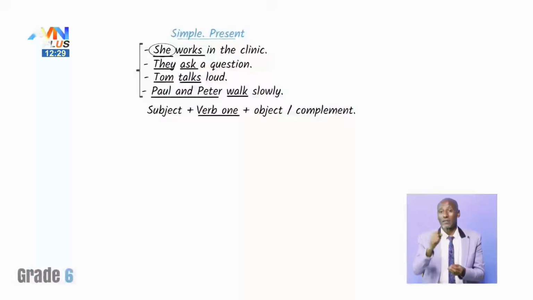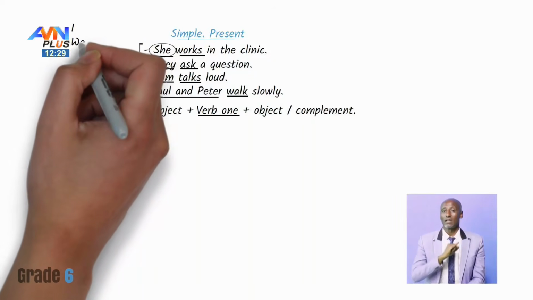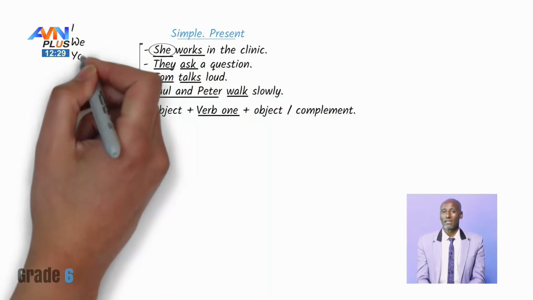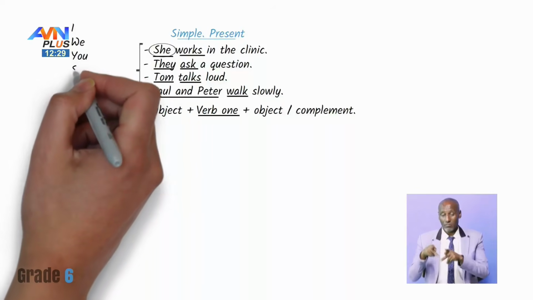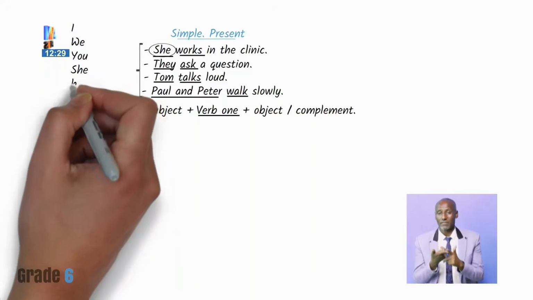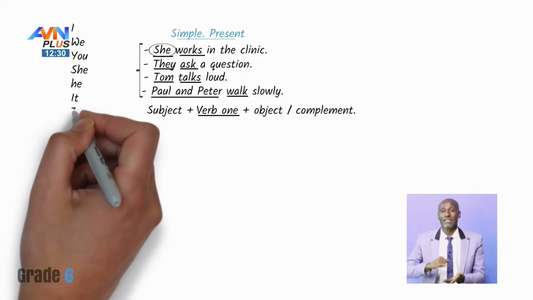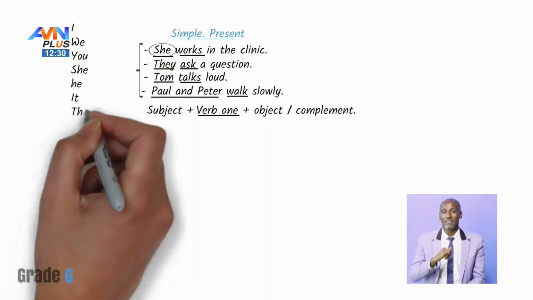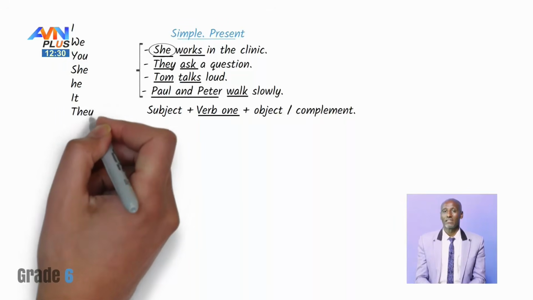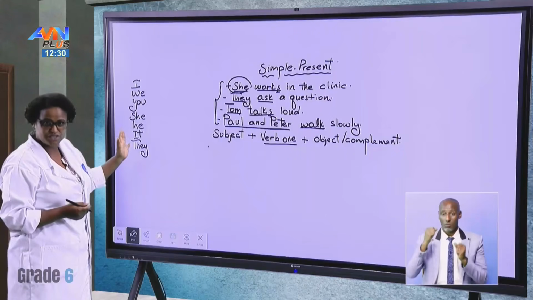Look, let's see. I, which is first person, we again, okay? Then you, second person. Then she, he, it, they. These are the possible subjects that we can have in a sentence, okay?